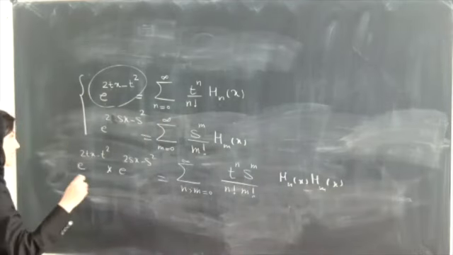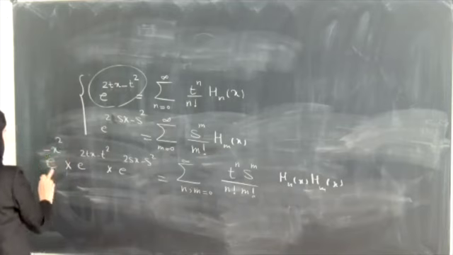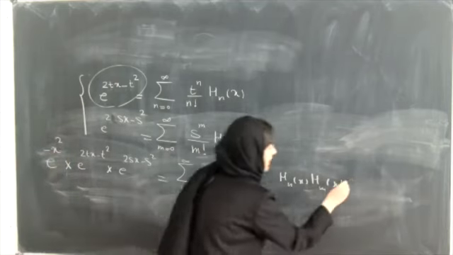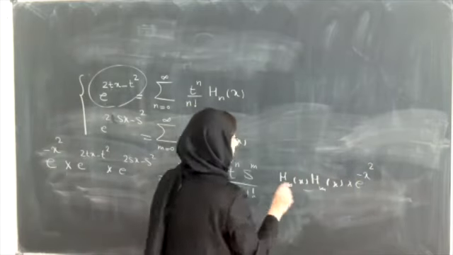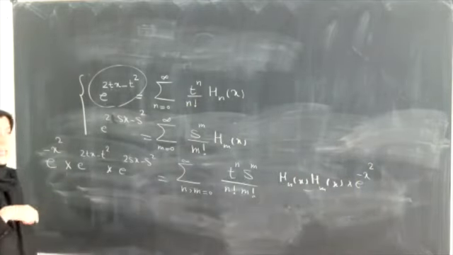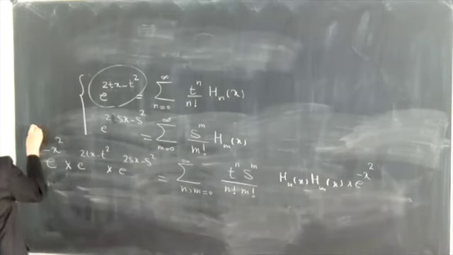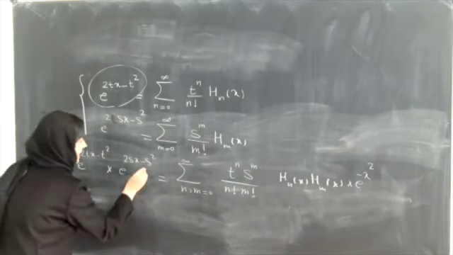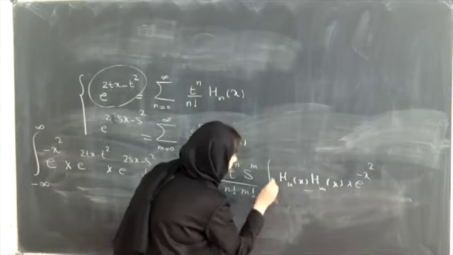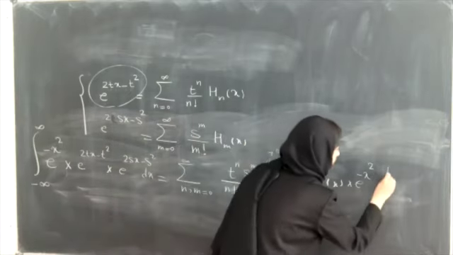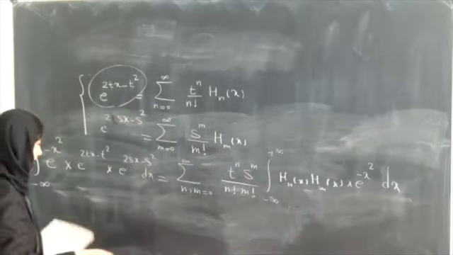Now, by multiplying a weight function e to the minus x² on both sides of the equation, and then integrating from minus infinity to infinity dx, we have this equation.